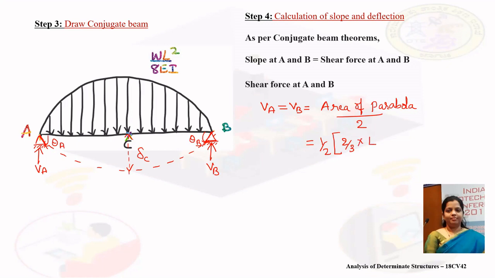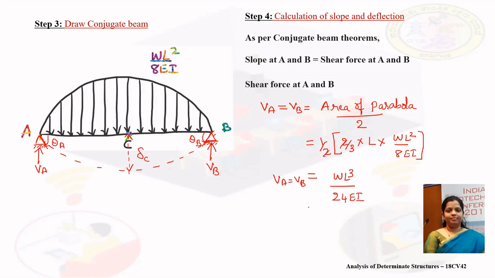Base is L. Height is WL square by 8 EI. Therefore, VA will be equal to VB. This will be equal to WL cube by 24 EI.